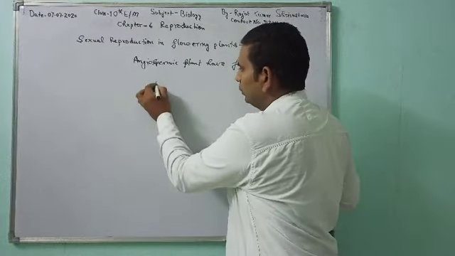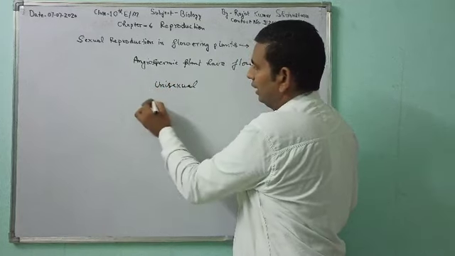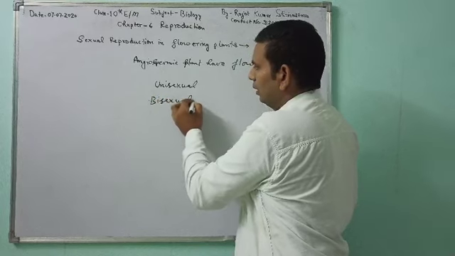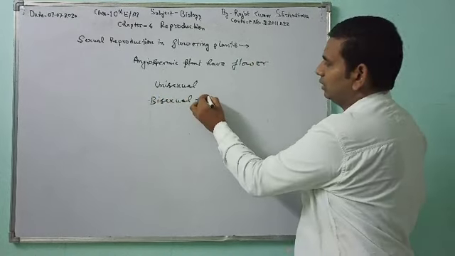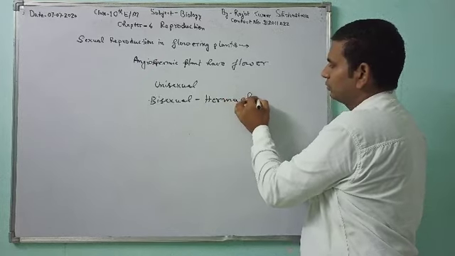One is unisexual and another is bisexual. Bisexual is also called hermaphrodite.